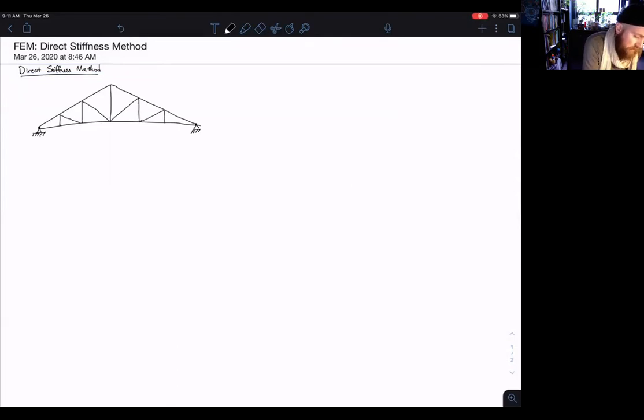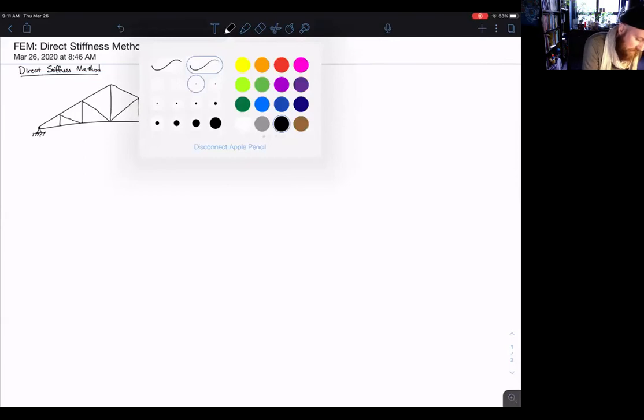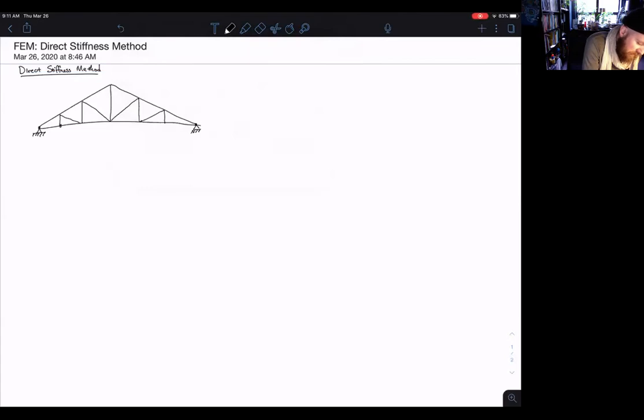So here's a simple pin connected truss, where at each connection here we have a pin.